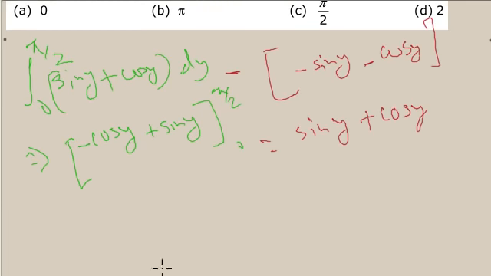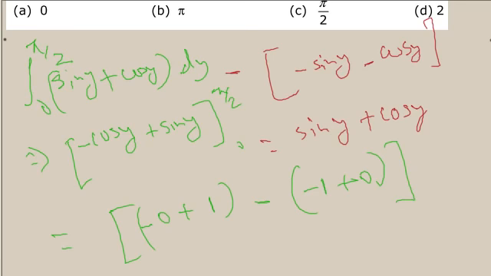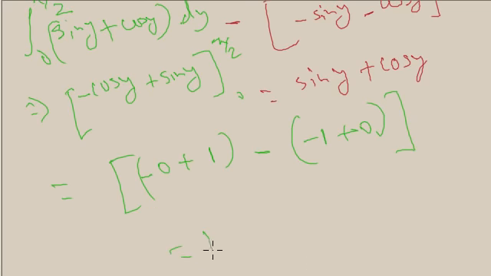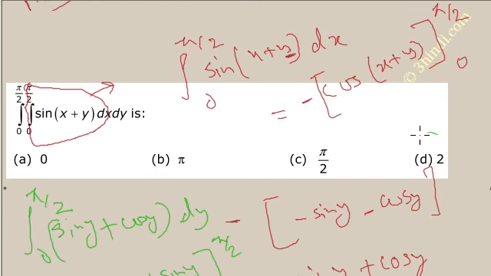If you put pi by 2 here, cos pi by 2 is 0, so minus 0 plus sine pi by 2 is 1, minus, if you put 0 here, you will get minus 1. If you put 0 here, you will get 0. So this is 1 minus minus 1, so plus 1, that is equal to 2. So 1 plus 1 is equal to 2. So the answer is D, 2.